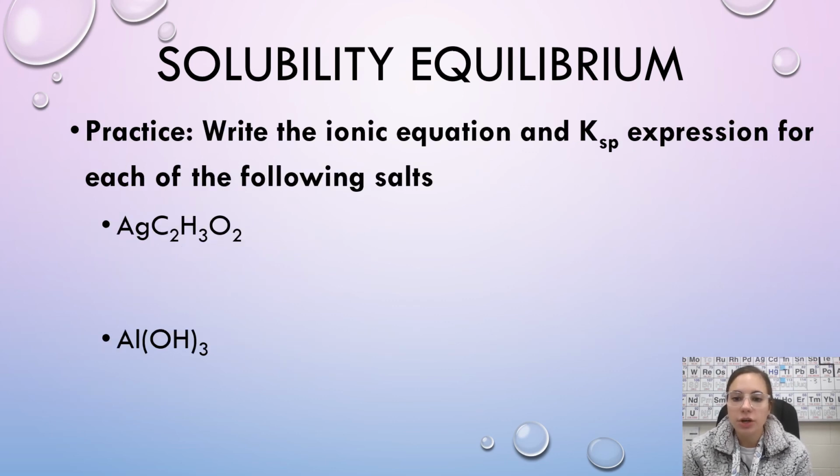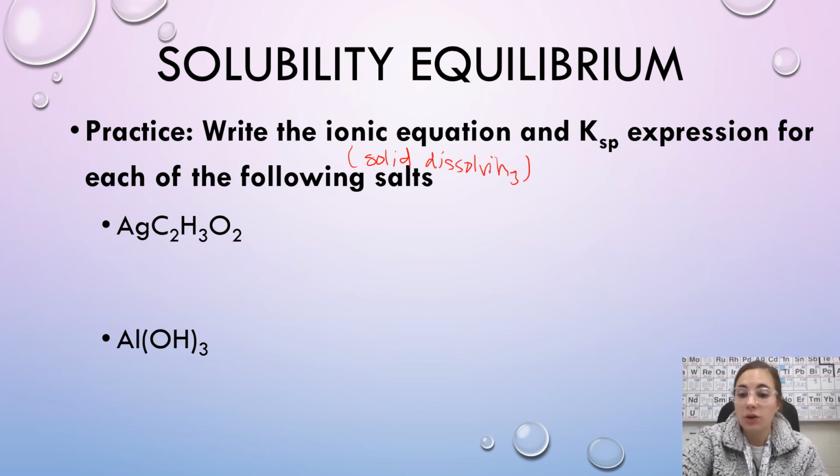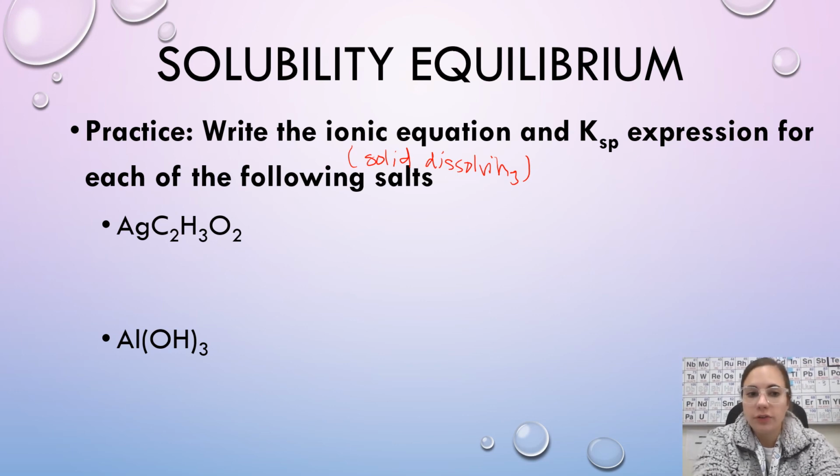Okay, so here what I'm asking you to do is just write the ionic equation. So what I mean by that is the solid dissolving, and then write the Ksp. So for this first one, we have silver acetate. That's going to dissolve into a silver ion and an acetate ion.